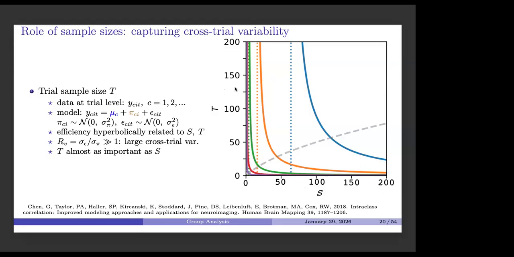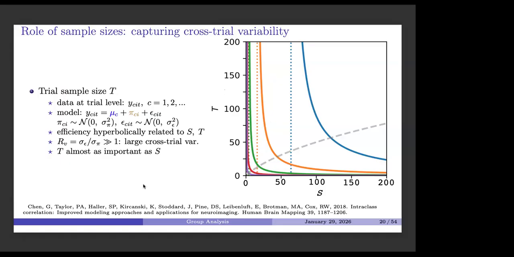It's a few times. For FMRI, it's probably close to 10-ish. Because of the substantially larger cross-trial variability, the number of trials matters a lot. So when we design an experiment, the number of trials is also important.